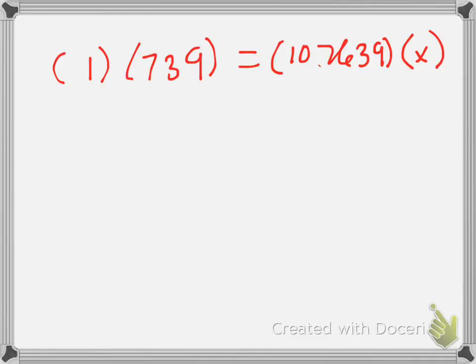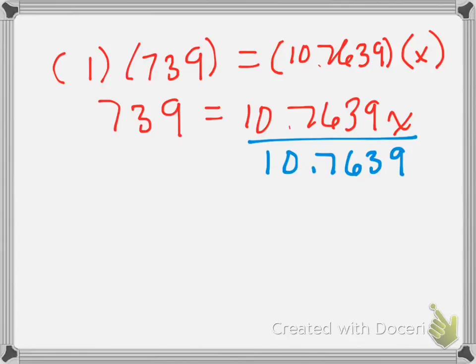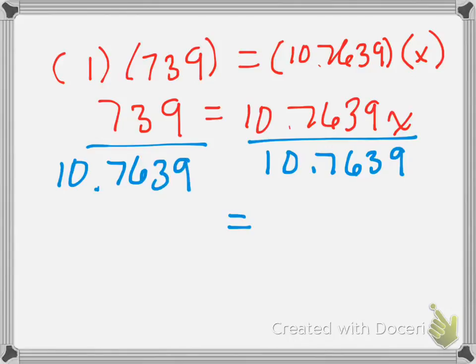So 1 times 739 is 739. 10.7639 times x is 10.7639x. Now we want to solve for x, so you want to get rid of the 10.7639, so do the opposite operation. Since that 10.7639 is being multiplied by the x, the opposite operation is dividing by the 10.7639, which you do to one side, you do to the other, or by grade 12, you know, you just divide by the number in front of the x. Those cancel.